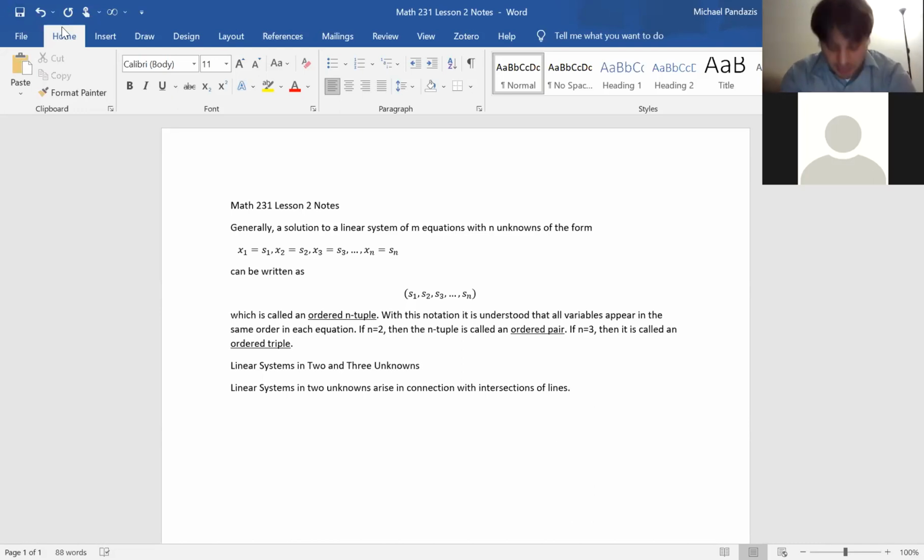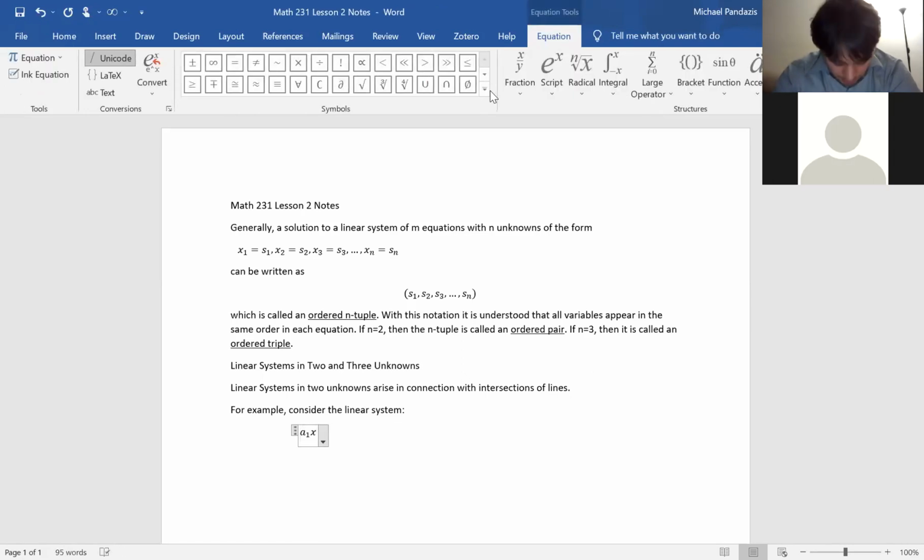Anyway, I'm kind of rushing ahead. I'm kind of going ahead of myself here. So for example, consider the linear system A1 x plus B1 y equals C1.